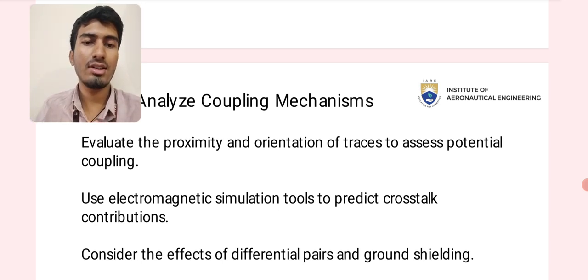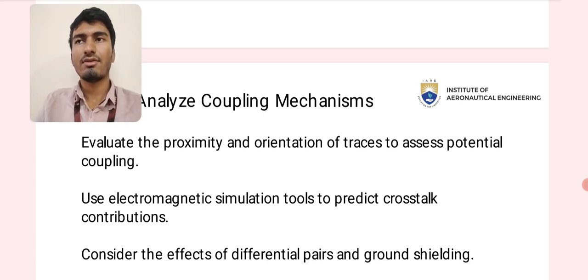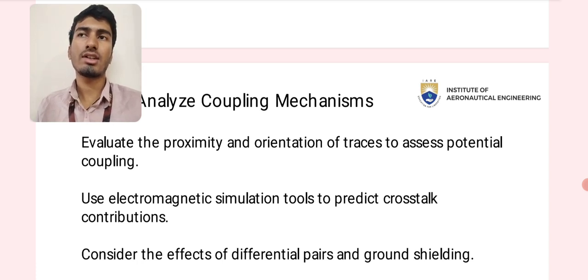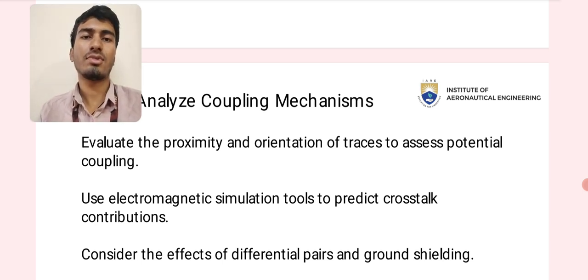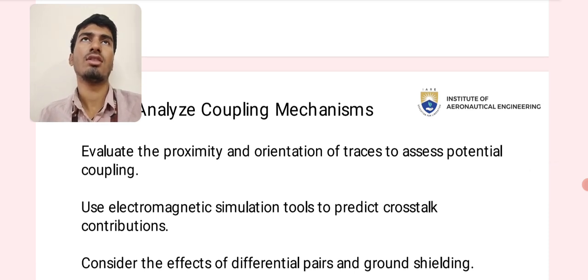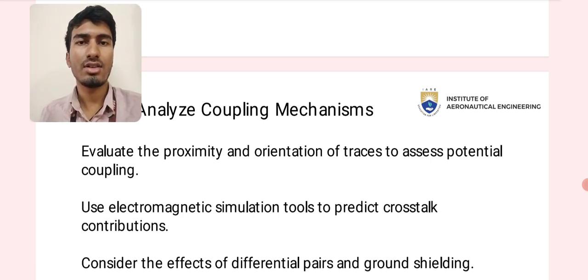Simulation tools used for PCB designs simulate the traces, electromagnetic field and coupling, meaning the electric field of traces should not be crossed or interfered.